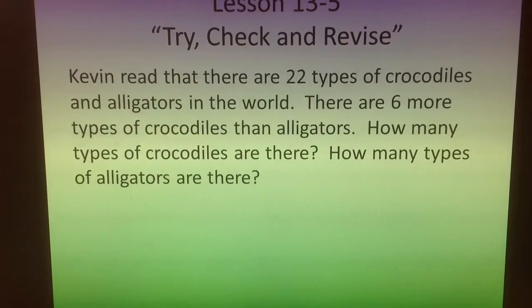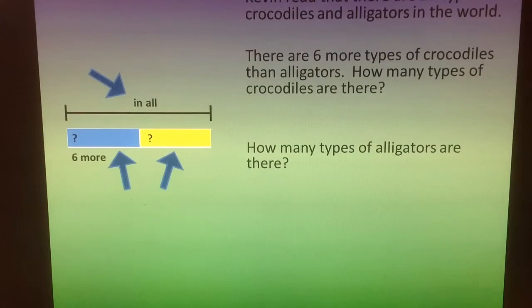Okay. This was another problem we did, so pause the video to think about this one. Try it on your own. That's what your graph should look like.